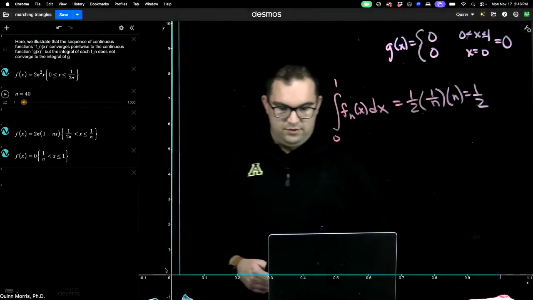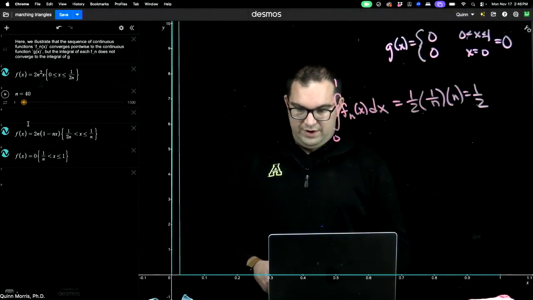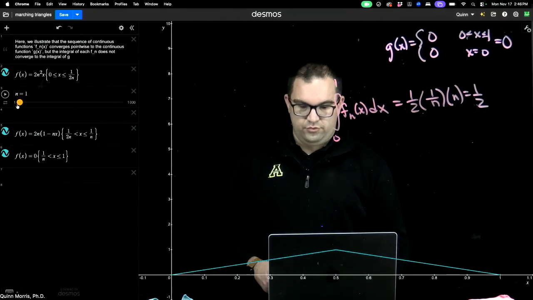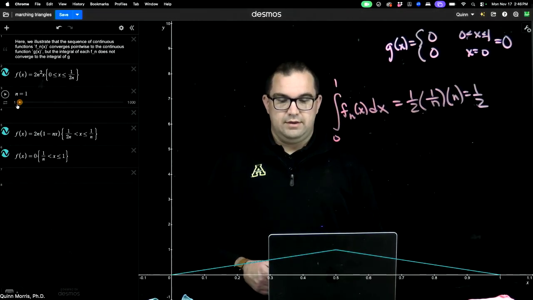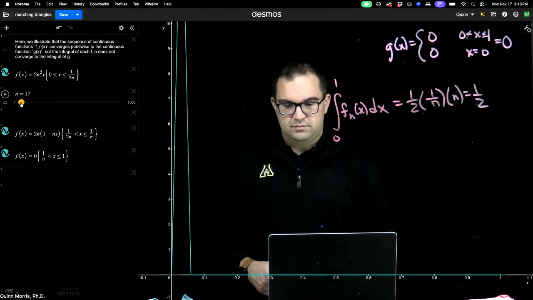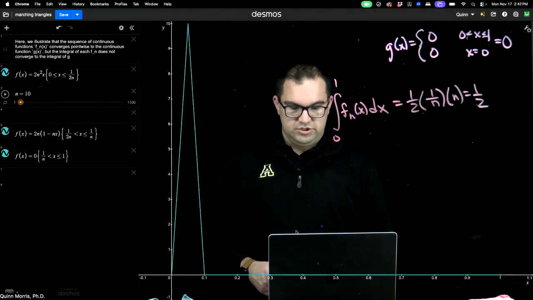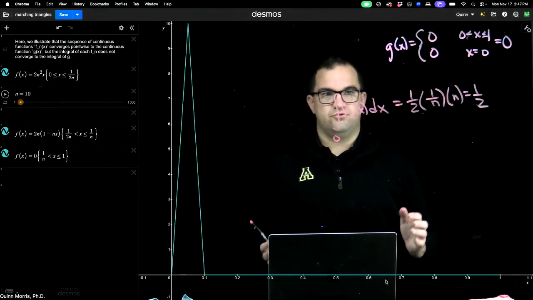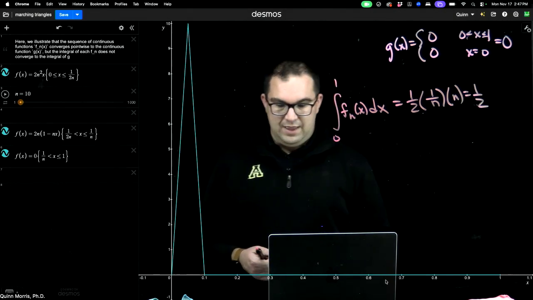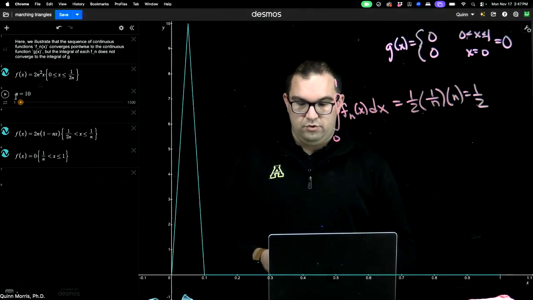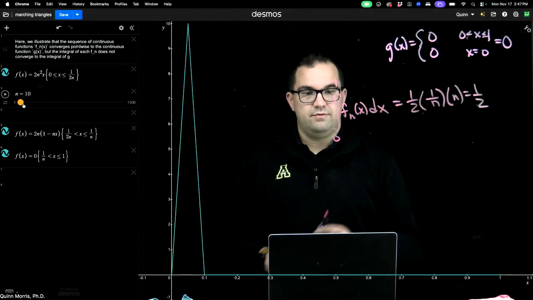Each of these triangles has area 1/2, and therefore the integral of each of these functions is just 1/2. Outside the triangle, the function is just 0, so that's not going to contribute anything. So really all I need to look at is the area of this triangle, which is always 1/2.